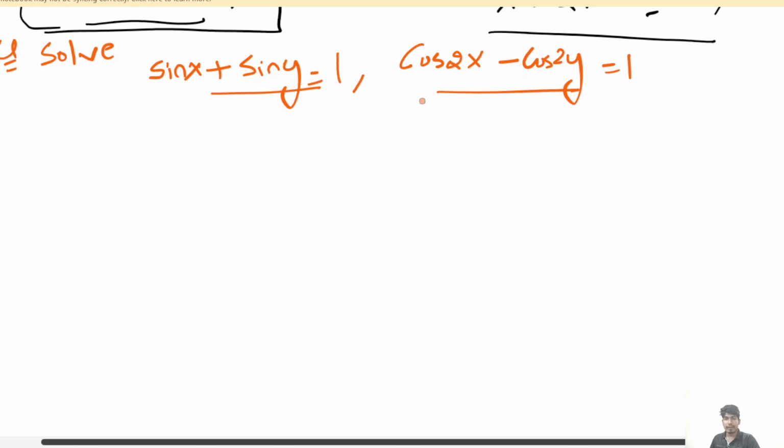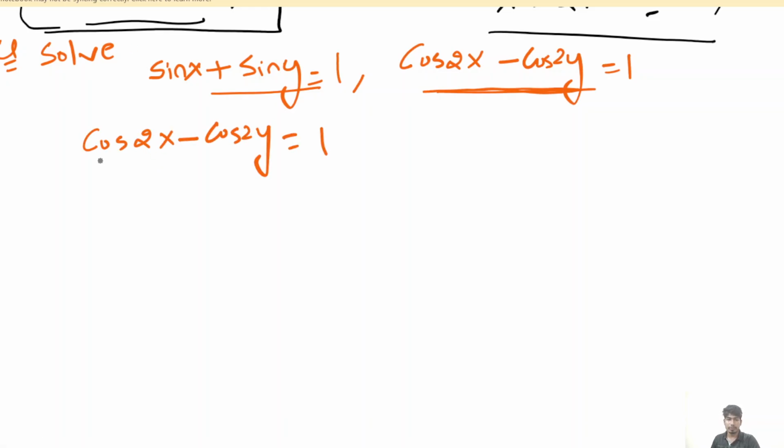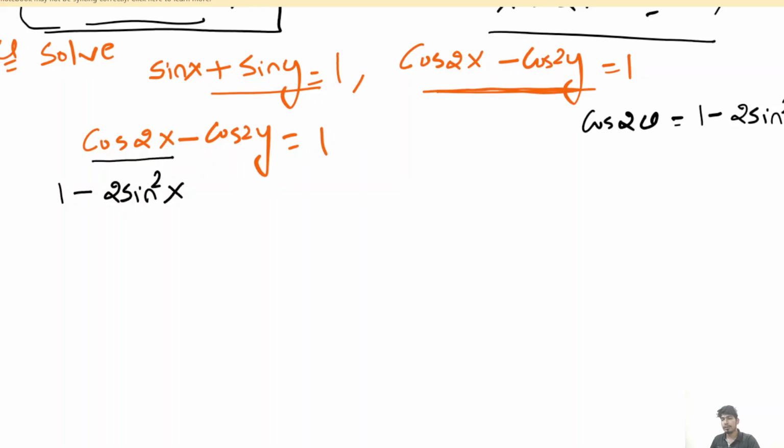Then take cos 2x minus cos 2y is equal to 1. What is the value of cos 2x? Cos 2x is 1 minus 2 sin square x, because cos 2 theta is 1 minus 2 sin square theta. So we only use this.